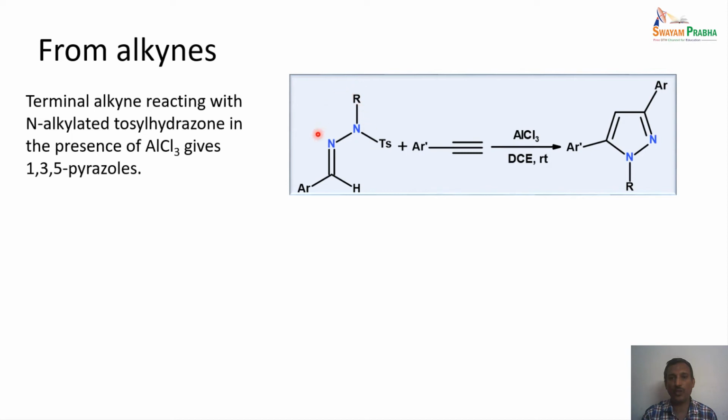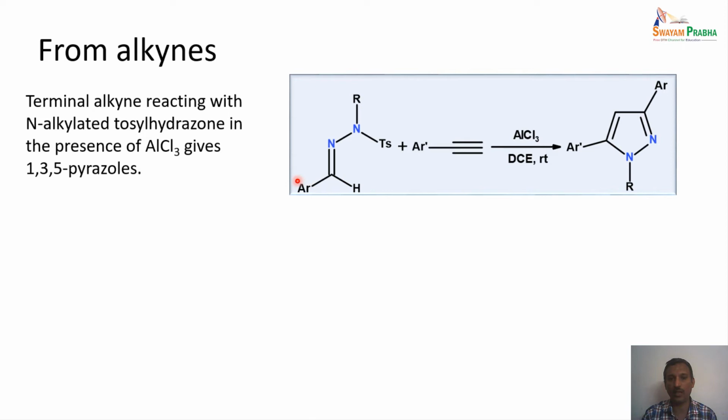So this is the starting material which is reacted with terminal alkynes in the presence of AlCl3 and gives the substituted pyrazole, because whatever R group is present on the nitrogen is present here. So the RNN part comes from the tosylhydrazone part, and this is our aromatic unit which is shown here.